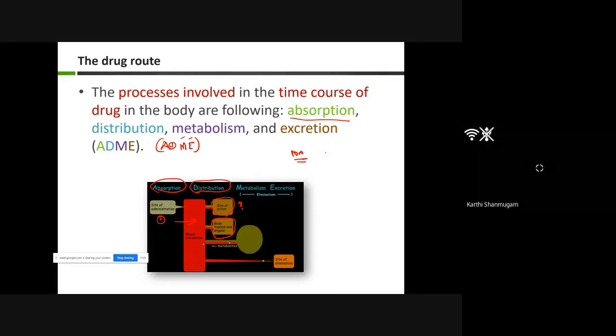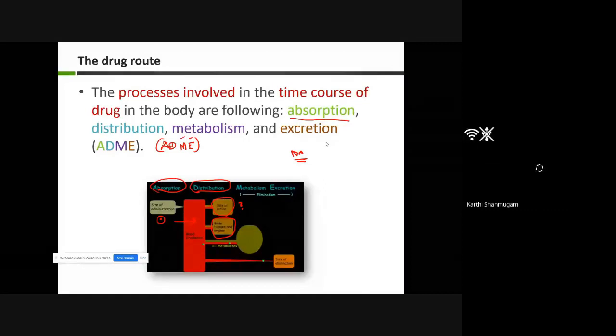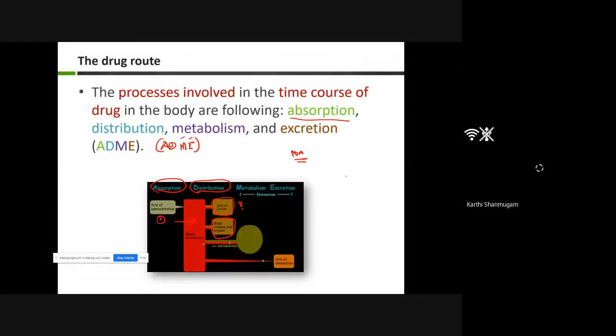Considering the balance between polar and non-polar solvents, the molecules will be more soluble in non-polar than in polar. The reason is that only then can the drug molecule penetrate the cell membrane. So the lipid nature of the drug molecule should be higher compared to its water solubility. But if the molecule has to be excreted in the next step, it should become soluble in water. So the lipid soluble molecule should be converted into a slightly water soluble molecule.